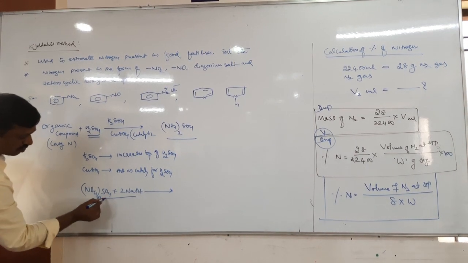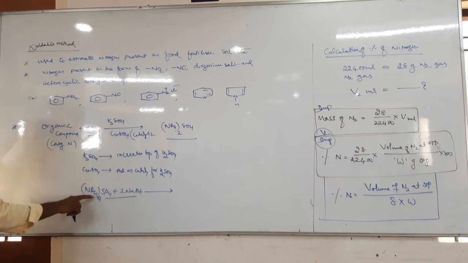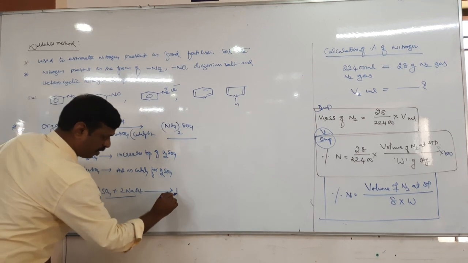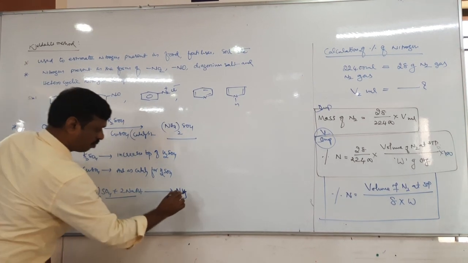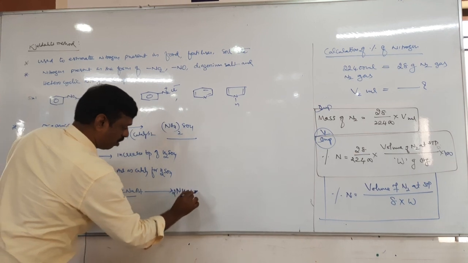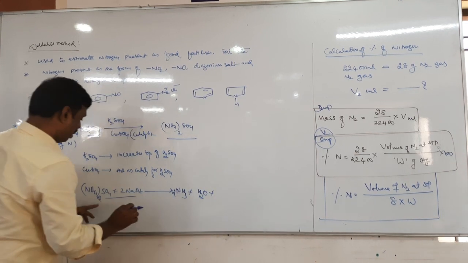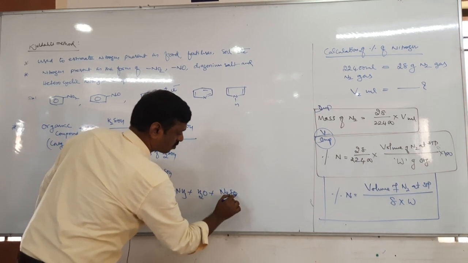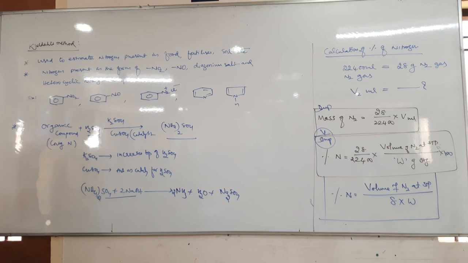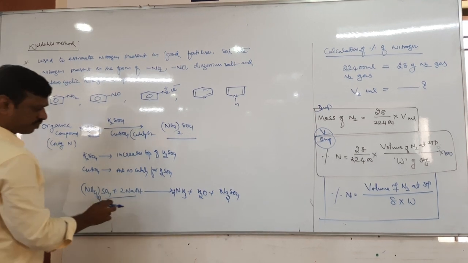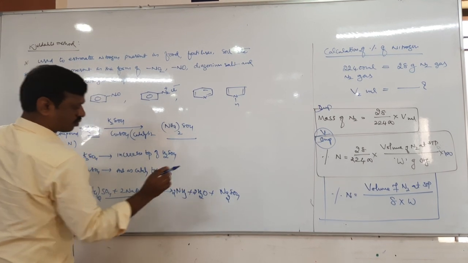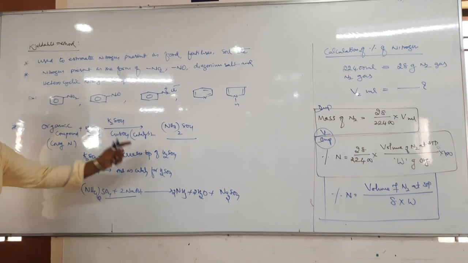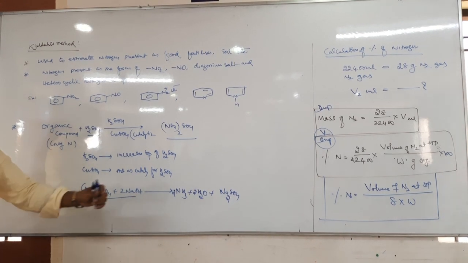Sodium sulfate, and ammonium ion plus OH gives ammonium hydroxide, which can be written as ammonia plus, of course, water, and Na2SO4. Got it? Is it balanced? Okay. Therefore finally we got ammonia by this sequence of reactions.